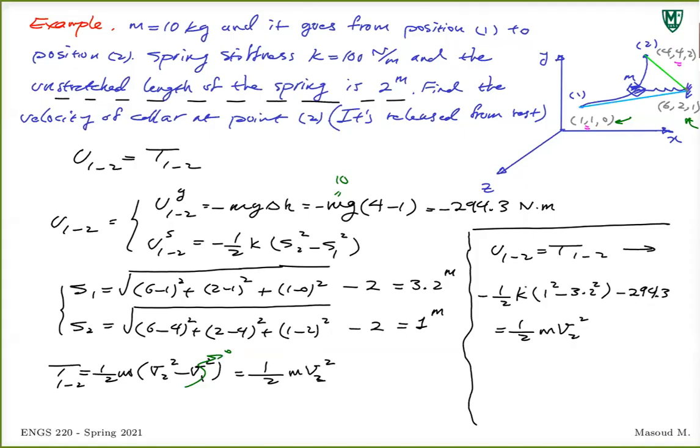And you know k is given to you directly, it's 100, and m is 10 kilograms. So the only thing missing in this equation is just v2. So v2 becomes, if I did my calculation right, 5.77 meters per second. Double check these numbers. I think it's correct, but double check.